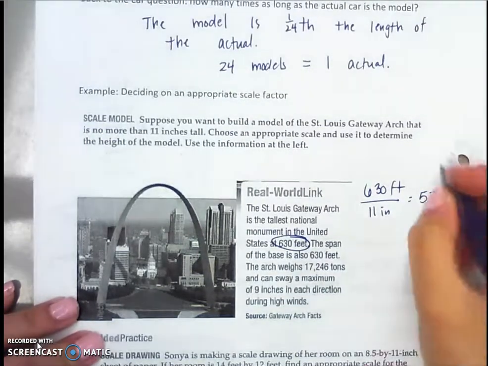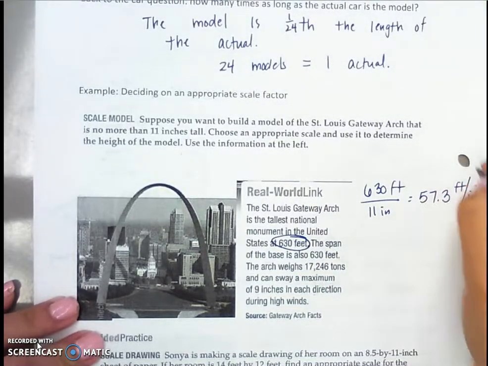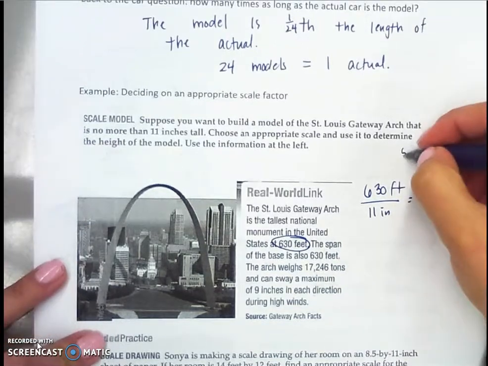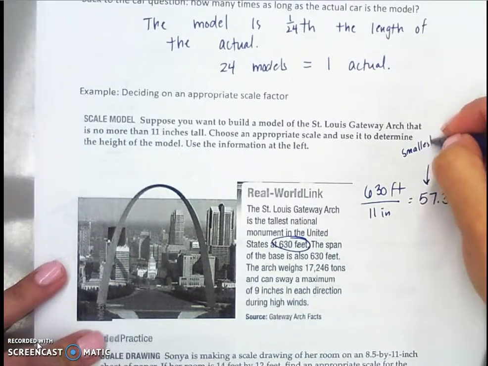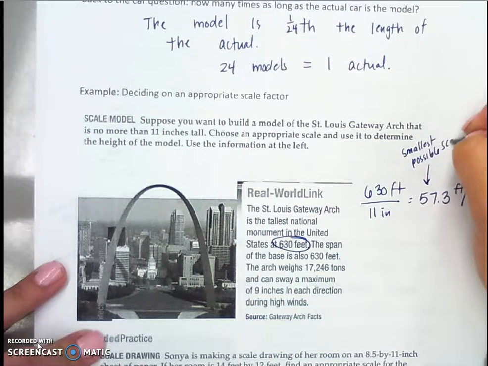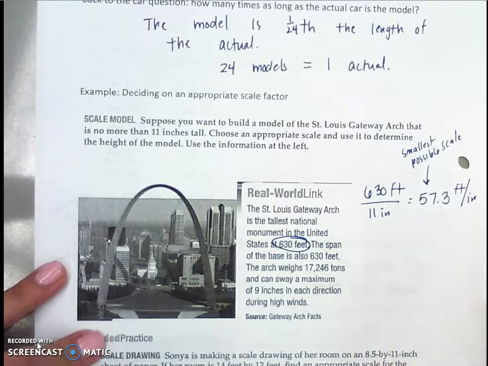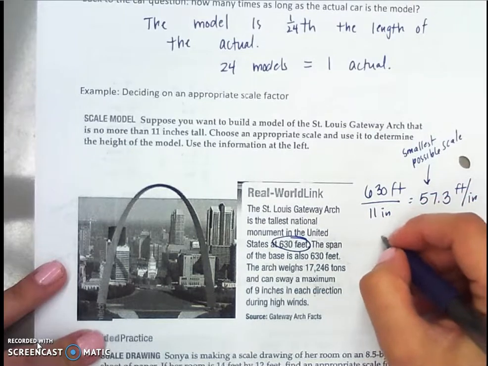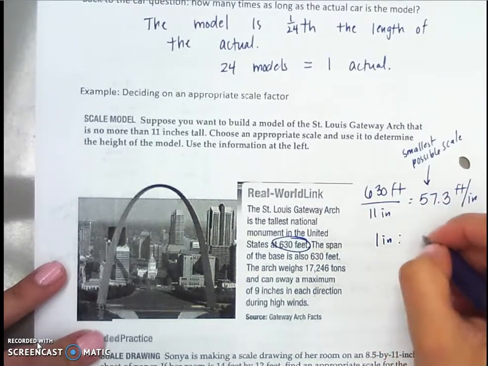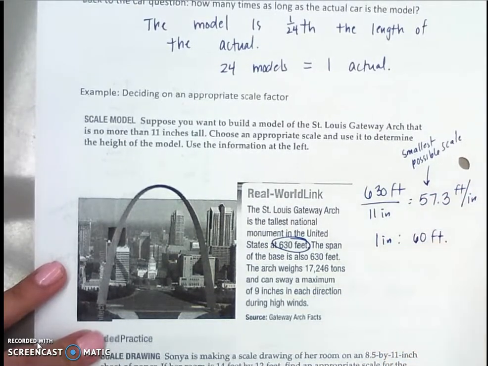So that's the smallest possible scale we could use. We don't want to work with that decimal though, so let's round up to the nearest whole number. Let's use a scale of 1 inch to represent 60 feet.